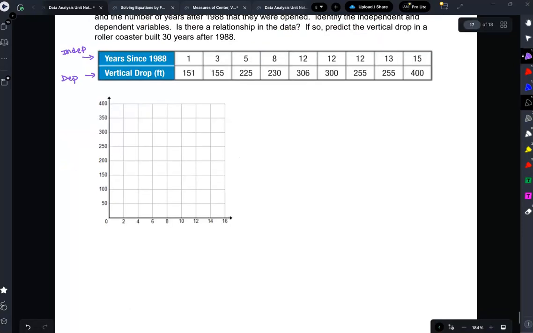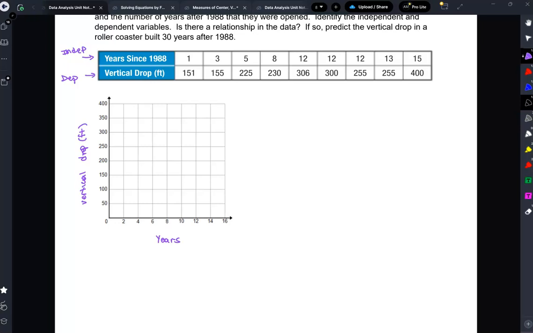Knowing that tells us that the independent variable is going to go on the horizontal axis. This is going to be years, and then this is going to be the vertical drop in feet. All right. Okay, so let's go ahead and put these points here.